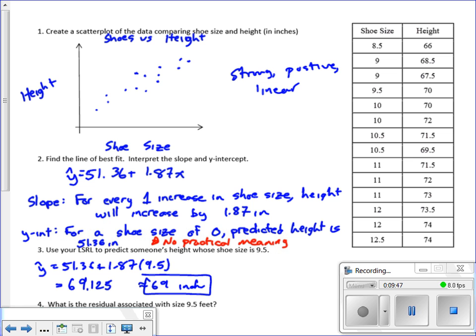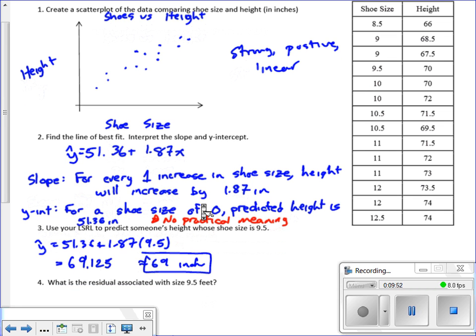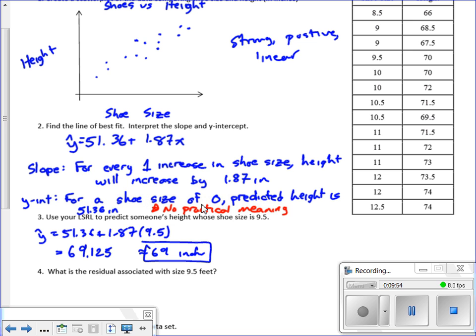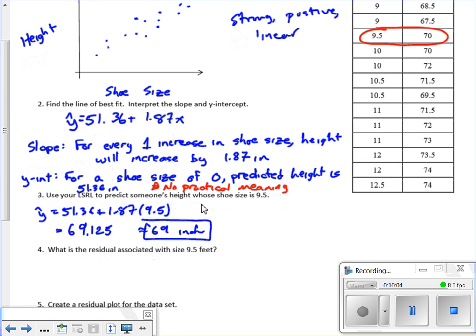Number 4, we're asked, what is the residual associated with a 9.5 foot? Well, if you look back into your data, we do have one observation at size 9.5 feet, and that was 70 inches tall. So to calculate the residual, the prediction was 69 inches. There's the predicted, and here's our observed up here.